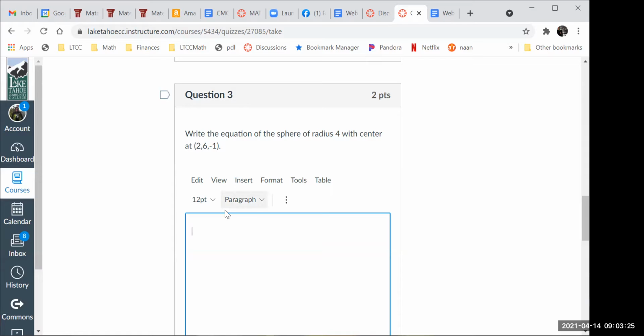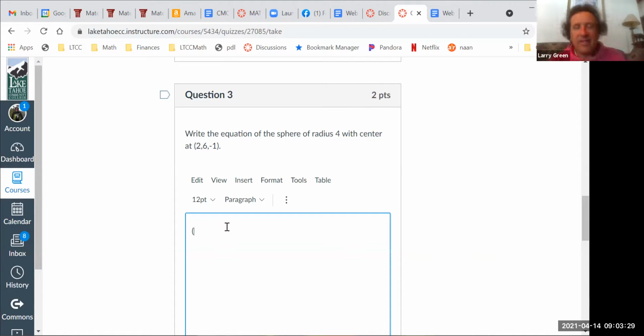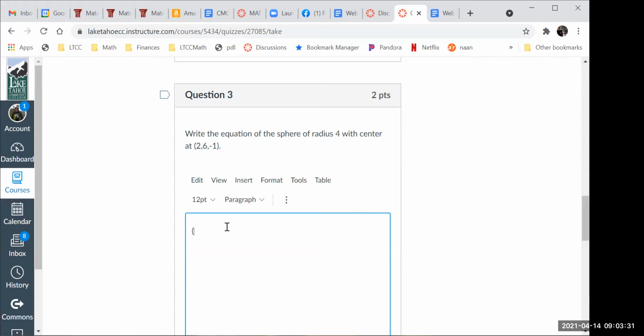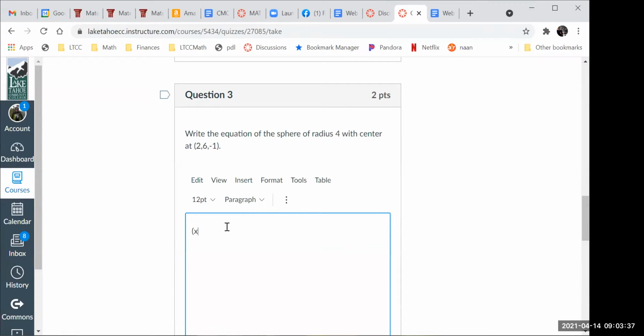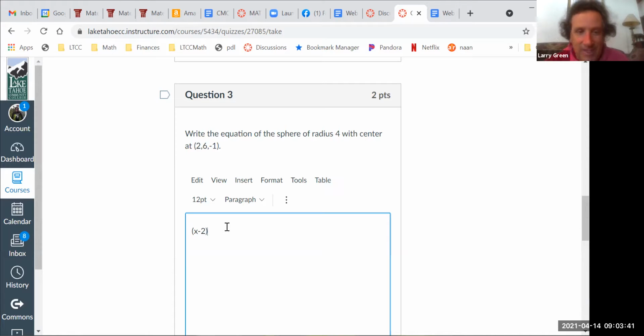So what do I have to do to make the center happen? You have to subtract each of the components. And then the radius is 4 squared, and you make it equal to that. So it's going to be x minus 2 squared plus y minus 6 squared plus, and now it's going to be z minus negative 1.